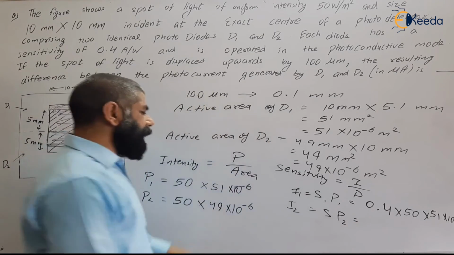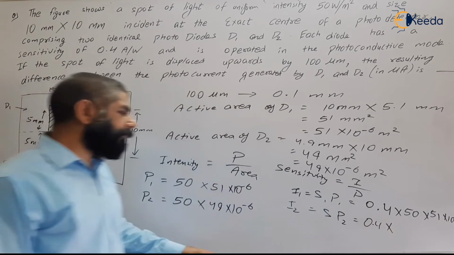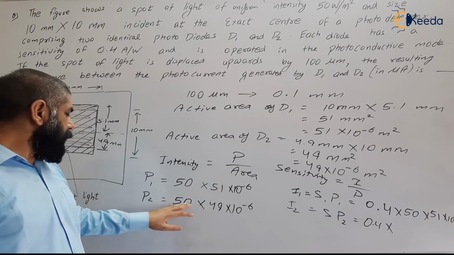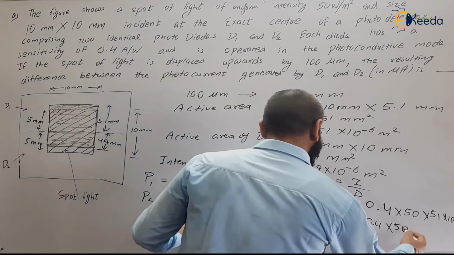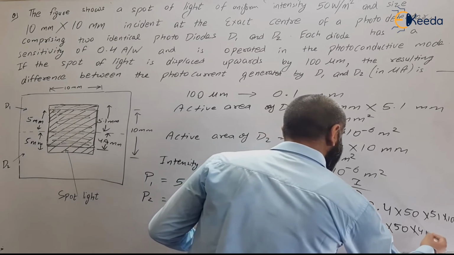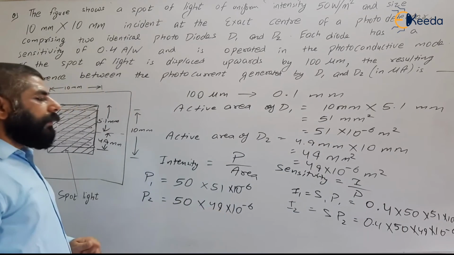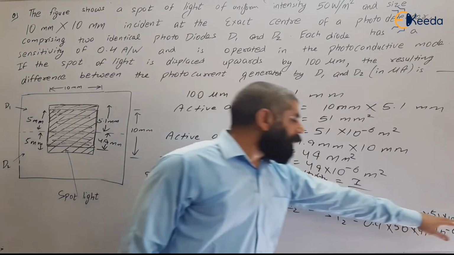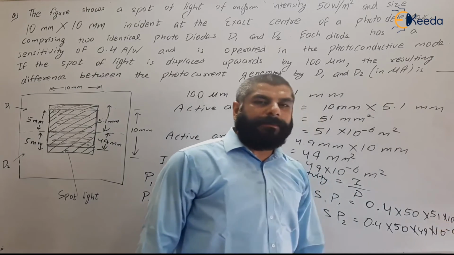So sensitivity is same, that is equal to 0.4 into P2, that is 50 into 49 into 10 raised to minus 6. So this is in ampere. So we have to calculate in microampere. So 10 raised to minus 6, that will become microampere.